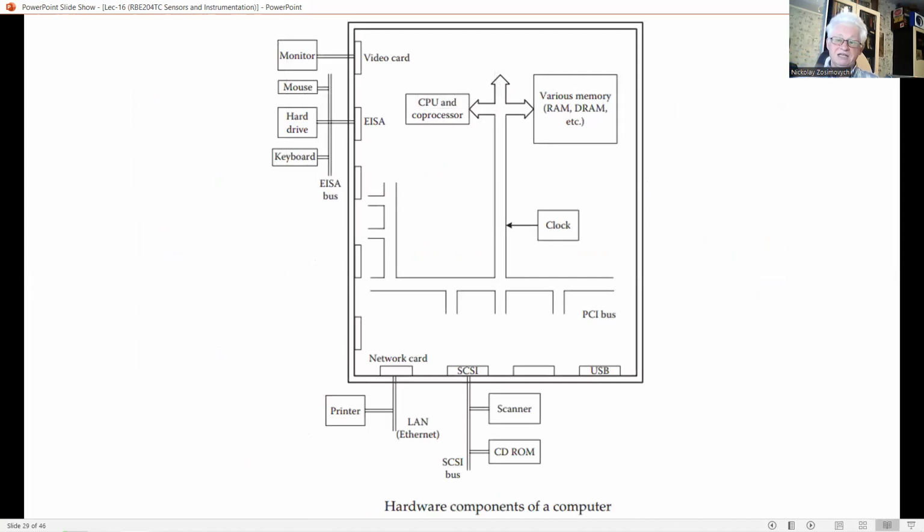Computer architecture and hardware. The computer uses a bus to transfer data between components. In a typical PC, the DAQ card goes into an expansion slot of the computer. The power for DAQ comes from the PC itself.